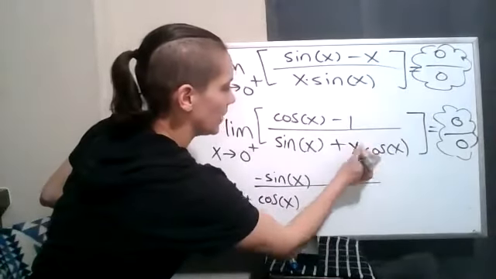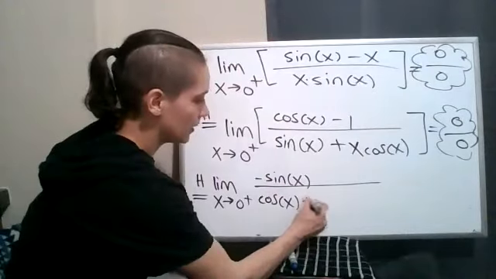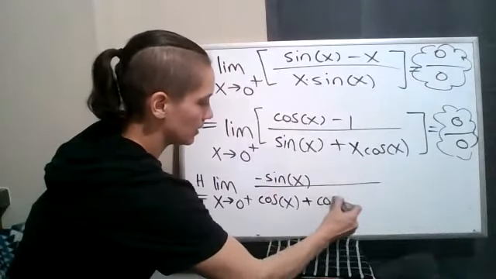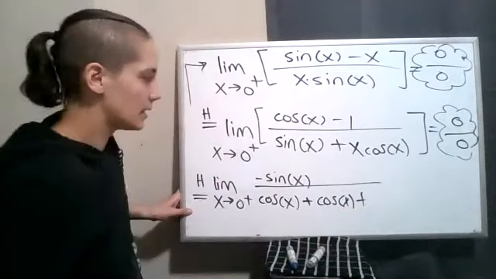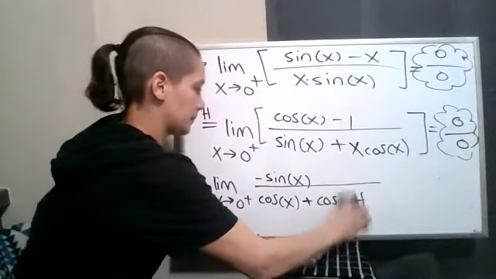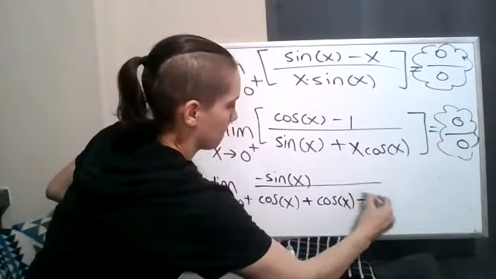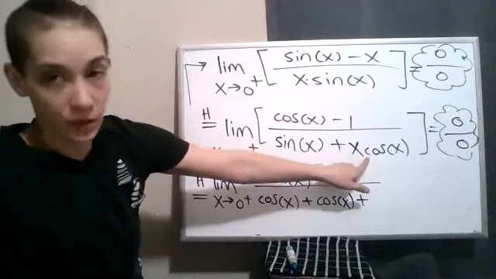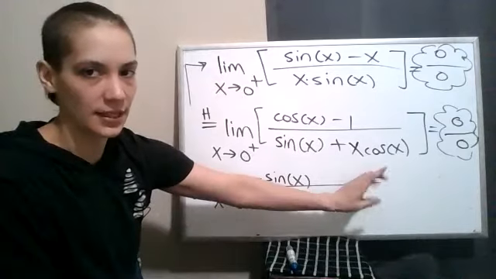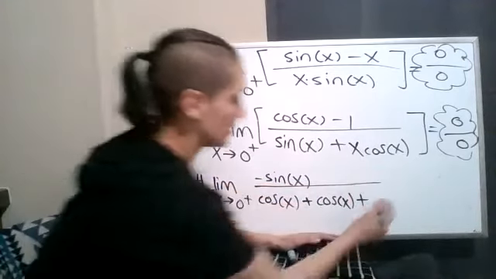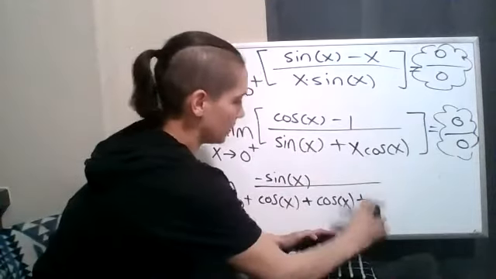So the product of x and sine of x will have a derivative of cosine of x times 1. Add the derivative of sine, which is cosine of x, and then multiply that with x. So we're going to add x cosine of x.